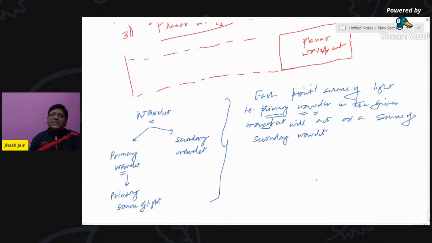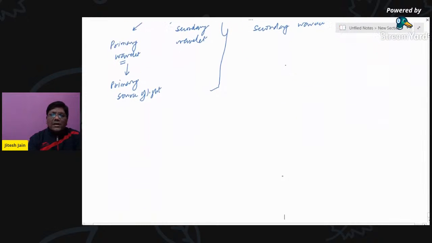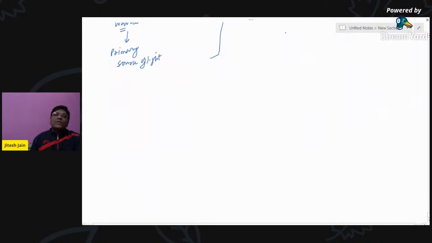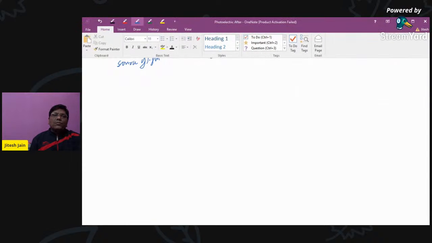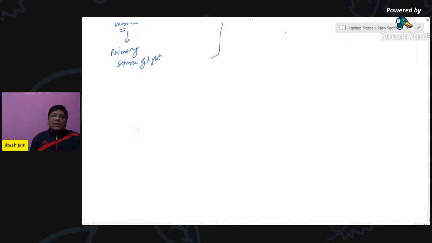So let us understand this concept, this theory, which is explained by him, using diagrammatic representations, dear students. First and foremost, I will draw the primary wavelets. Let us suppose that this is a cylindrical source of light. There are a number of wavelets here.